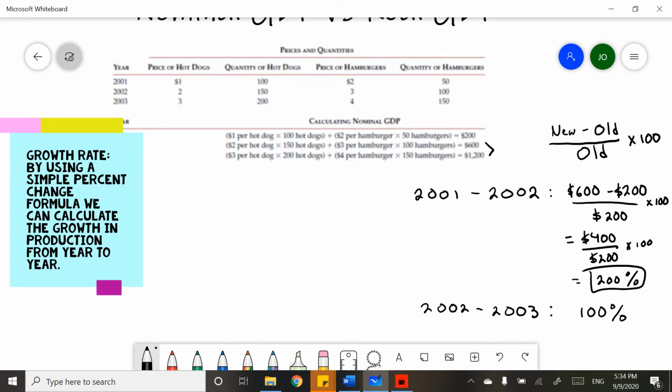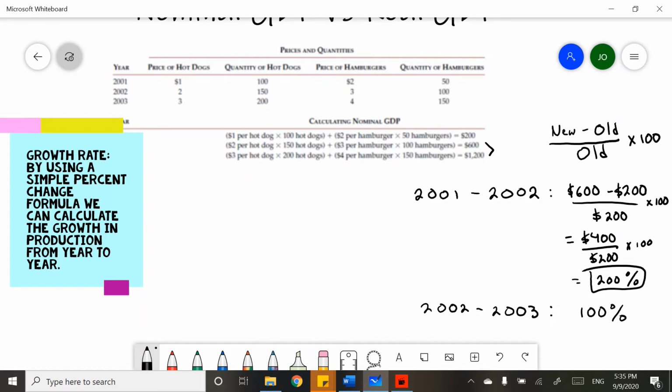If you do the same calculation, you'll see how I got that 100% increase. So, to summarize, we have our economy growing by 200% from 2001 and 2002, and then the economy growing by 100% from 2002 and 2003. So everything seems great in this economy.